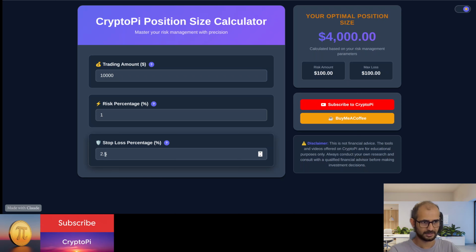So if my stop loss is at 2.5% from the entry value, then my position size will be $4,000. So I will, let's say, enter a trade for $4,000, and I want the price to go higher than my entry value. And if it goes lower by 2.5%, then my trade will be closed, and I will incur a loss of $100.